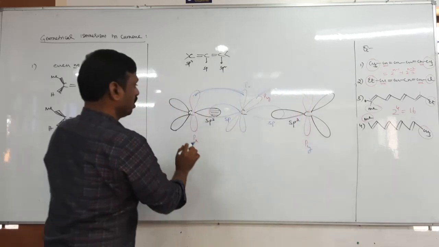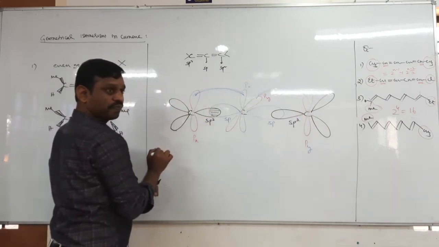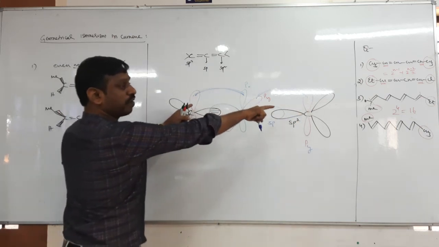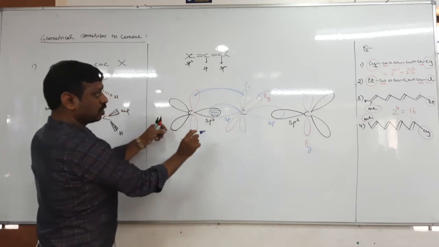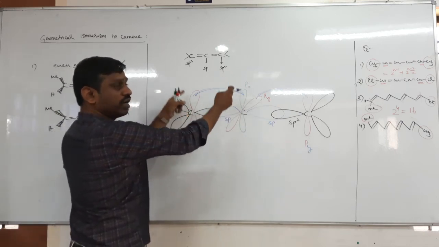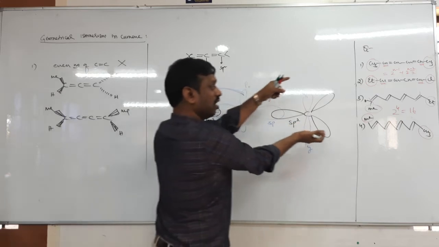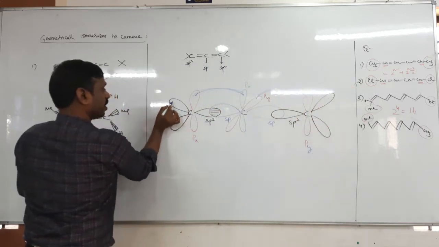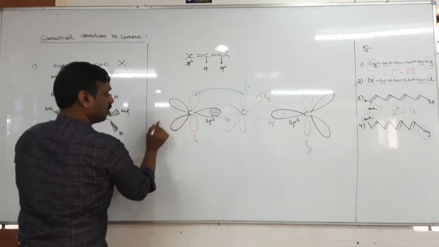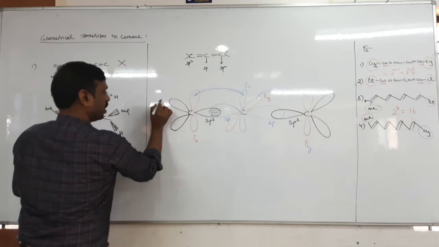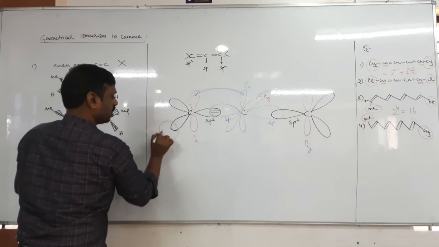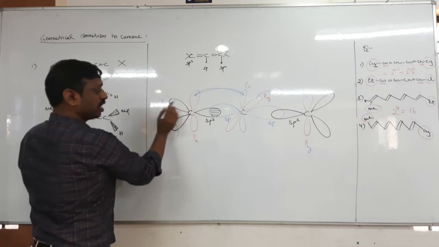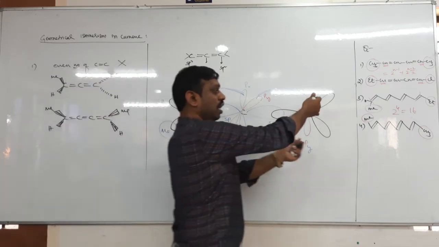Now here px overlaps, here py. Both are perpendicular. If the px forms in one direction, the other goes in the opposite plane. For example, here one hydrogen is there, and here a methyl group is there. Suppose one is on the plane, then the other goes out of the plane.